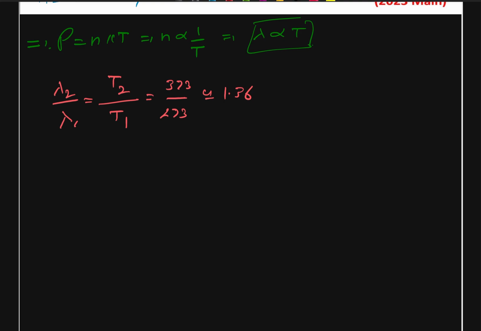So we can say from here that our lambda 2 is equal to 1.36 times lambda 1.